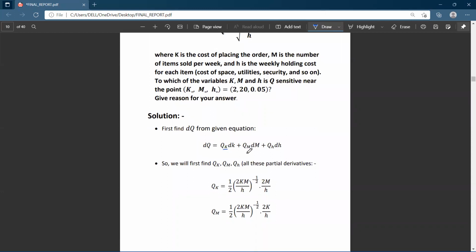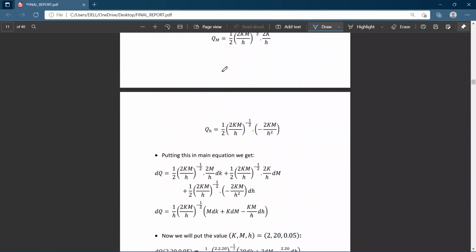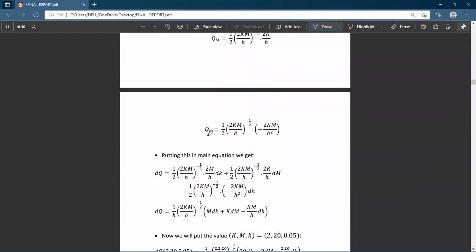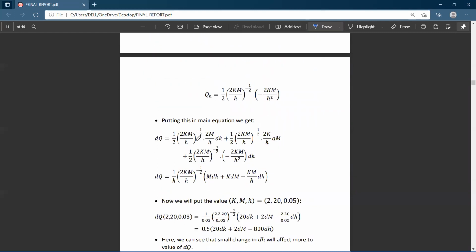We first find these three quantities Qk, Qm, and Qh from the given equation of Q. After getting these quantities, we substitute them into this equation, simplify, and at the last we will get this equation.